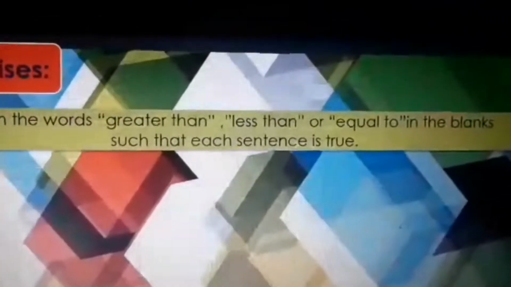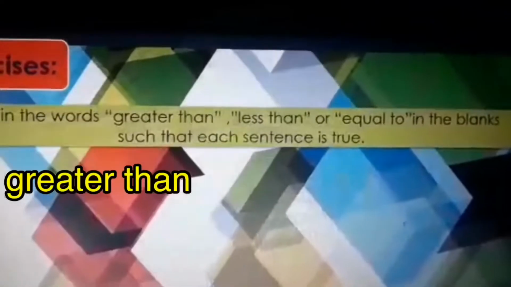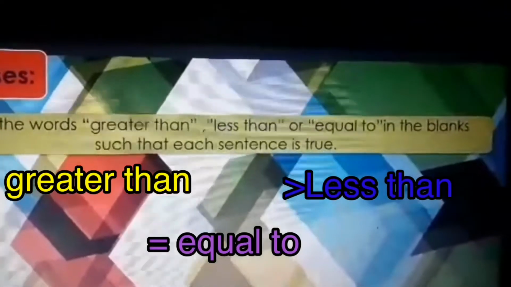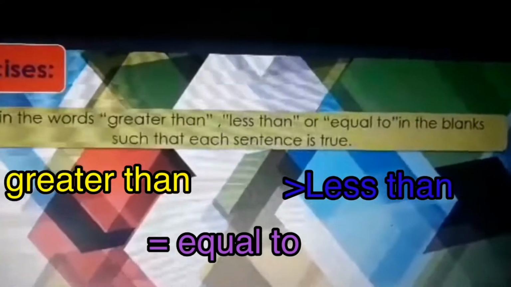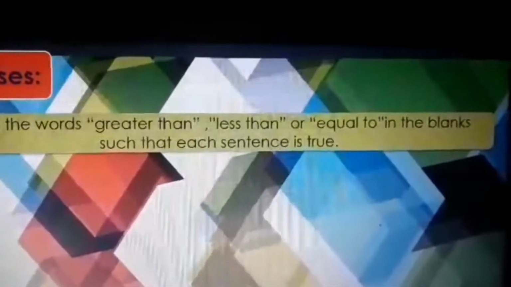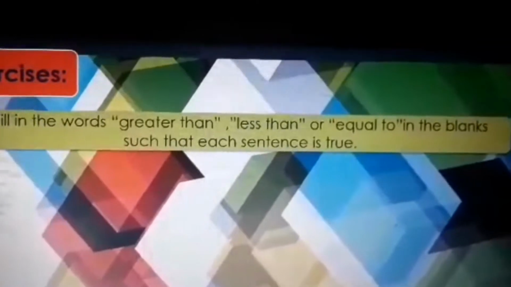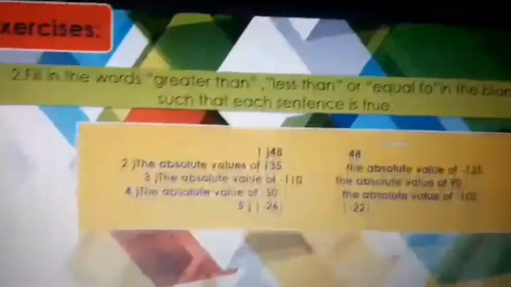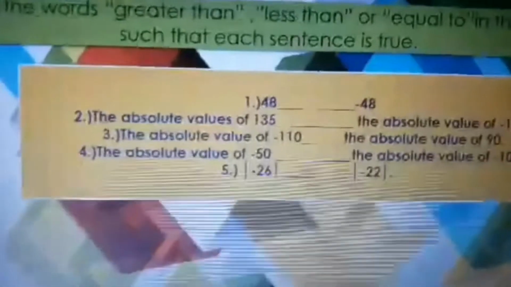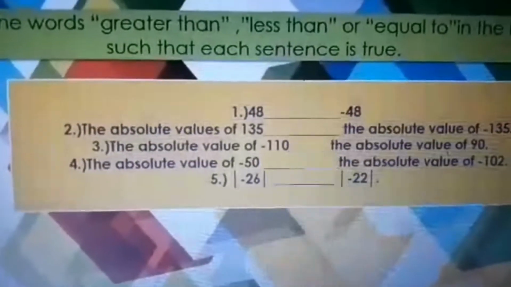Okay, let's proceed. Another example, we have fill in the words greater than, less than, or equal to. So you write only greater than, less than, or equal to in the blanks such that each sentence is true. The first example we have 48 blank negative 48.